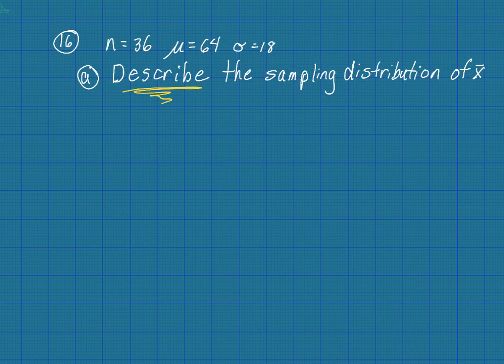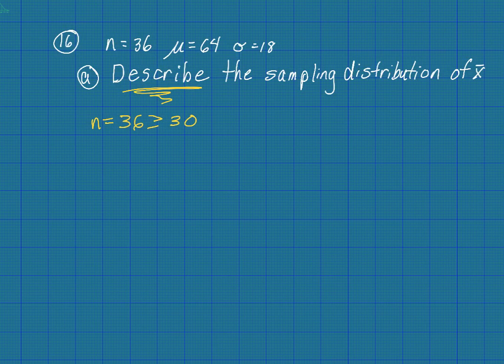But that word describe has a very distinct meaning, remember? We need to describe the shape. Well, they didn't tell us what the shape was. However, we're talking about describing the shape of the sampling distribution, and we have this information: n equals 36, which is greater than or equal to 30.